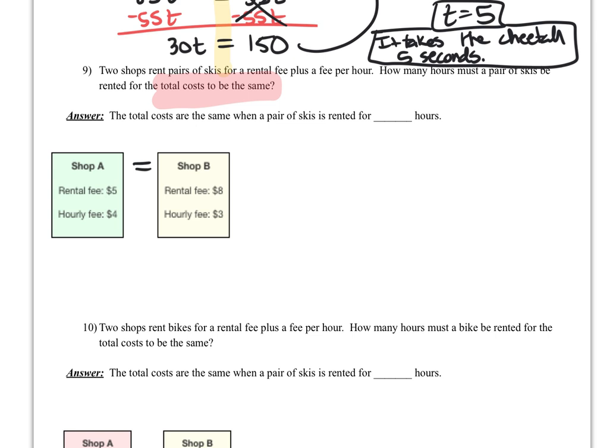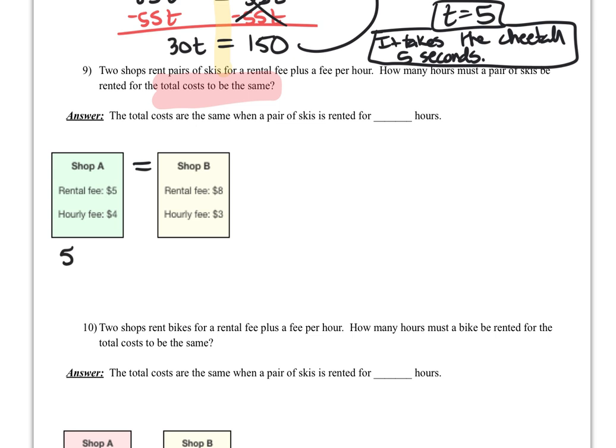So we're going to look at shop A. What's the rental fee for shop A? $5, okay? That means that's a flat fee. That doesn't change. It's automatically $5 right away. And then how much do they charge per hour? $4. Do we know how long we rented it for? No. You want to use X or H? H. Let's do it. So to write this as an equation and not just in a box, write 5.